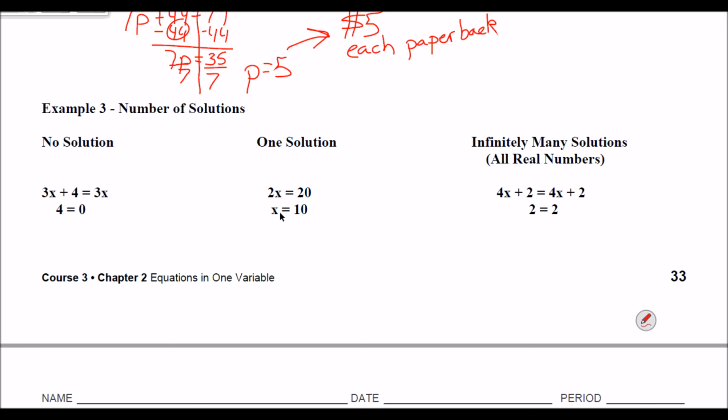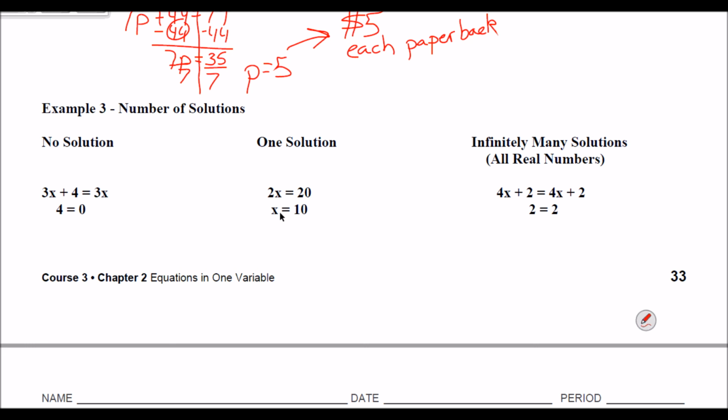Not only are we adding the like terms in and the distributive property in, but sometimes we're going to have these special cases where I don't come up with an accurate answer of x equals 5 or p equals 5. We're going to have some of these that no matter what you do, they're not going to work out at all. And so your solution is to have no solution at all.